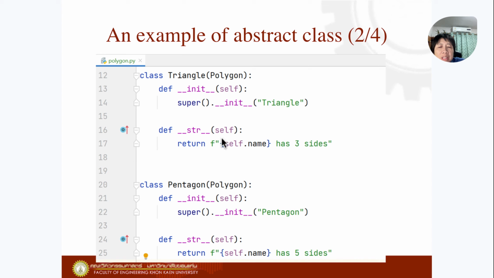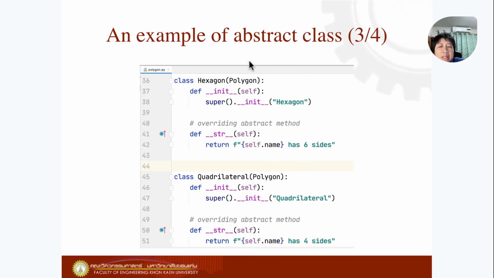And then for __str__, it just returns that the triangle has 3 sides. And for Pentagon, the string will say that the pentagon has 5 sides. Hexagon has 6 sides, and the name is also changed to Hexagon. And Quadrilateral has four sides.